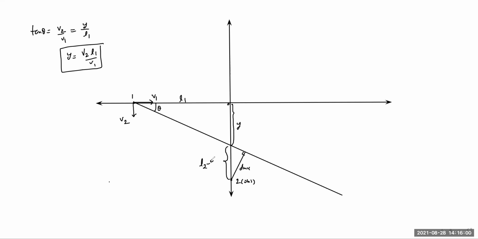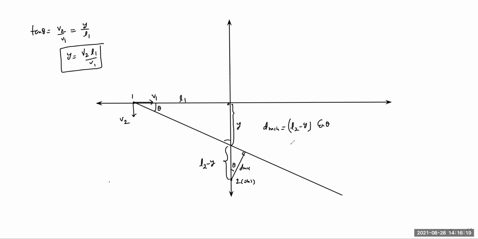Once you get this step, then you can find this length easily because this is L2 minus y, right? The entire thing was L2. And if this is theta, so this is also theta, because this is 90 minus theta. And now I got the answer. D minimum is (L2 minus y) cos theta.